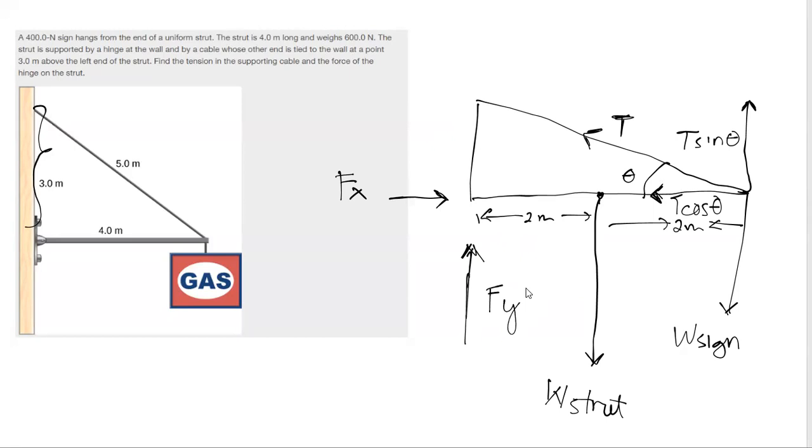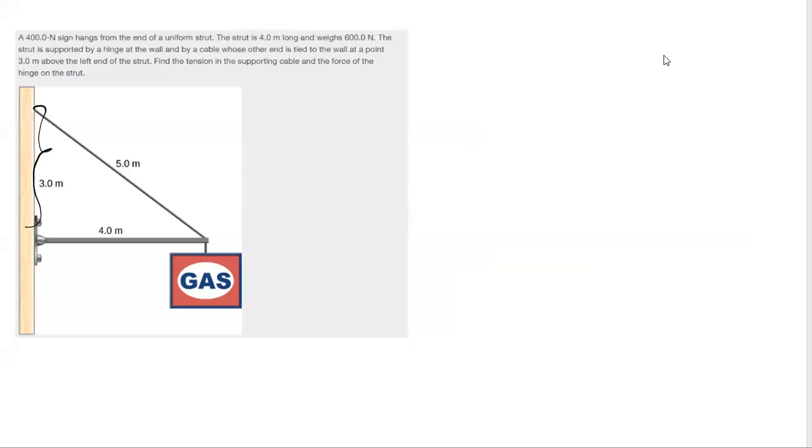The next step is to sum all the vertical and horizontal components. In the horizontal, I only have two components, which are my Fx and T cosine theta, which means I can sum my x components.